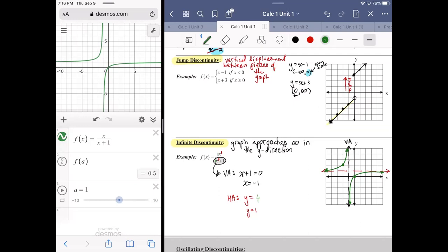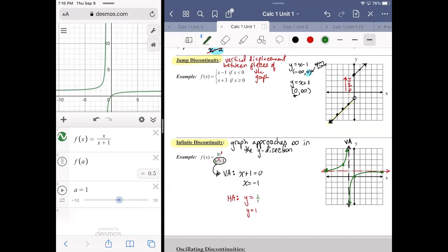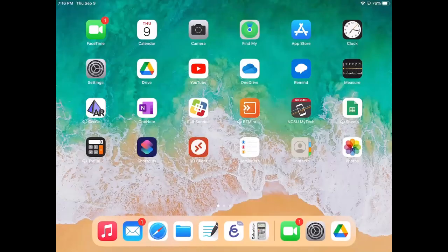If you get a handle on these types of discontinuities, your understanding of limits is going to come a long way. But let's say I wanted to see what was happening to the y values, because that's what f of anything tells us. It tells us the y value at a given value of x, but only as I get closer and closer to the x value of -1 coming in from the right.